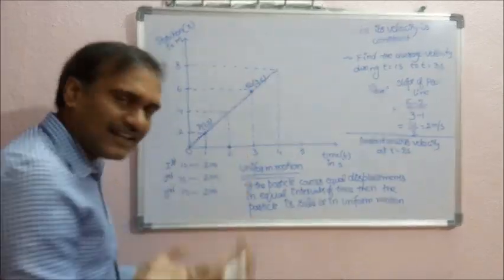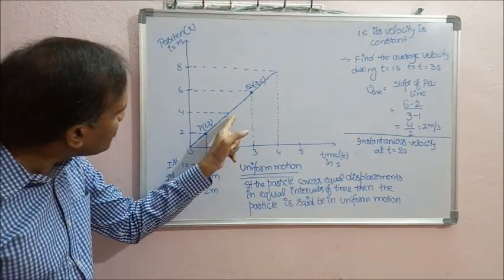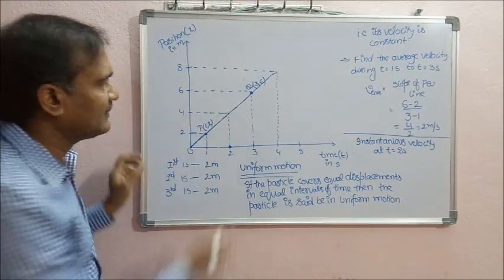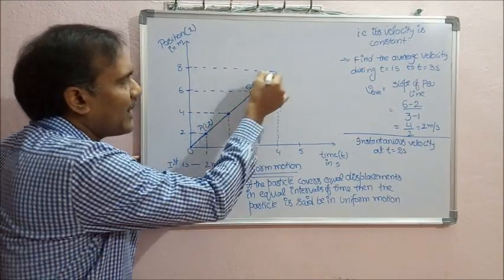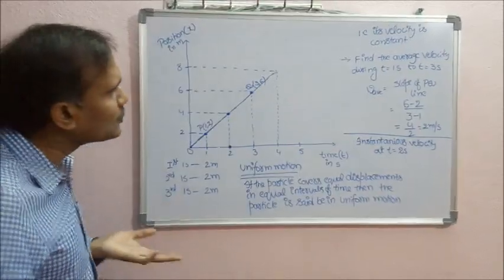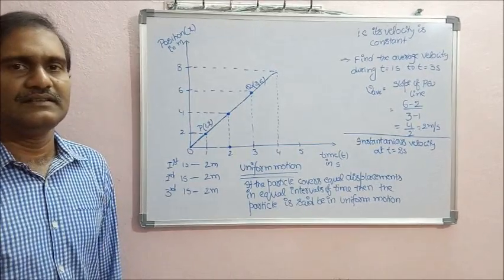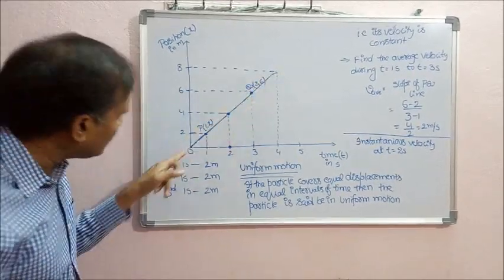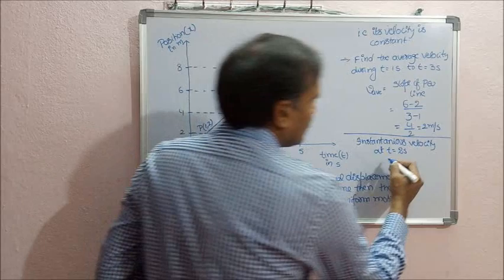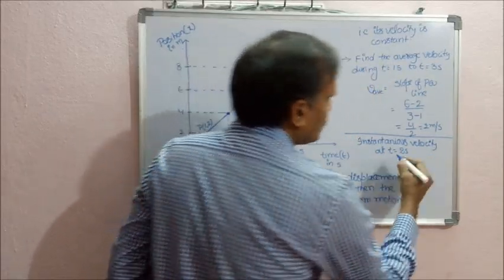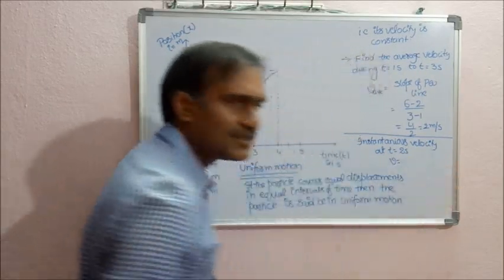That is, you want to draw the tangent at this time instant, 2 seconds. That is, at this point, we have to draw the tangent. When you draw the tangent, the same straight line occurs to us. Therefore, what is the slope of this? That is, that instantaneous velocity at t is equal to 2 seconds, V becomes how much?